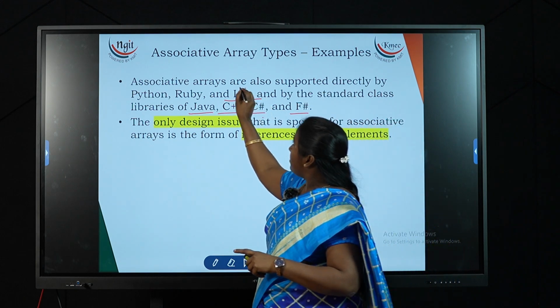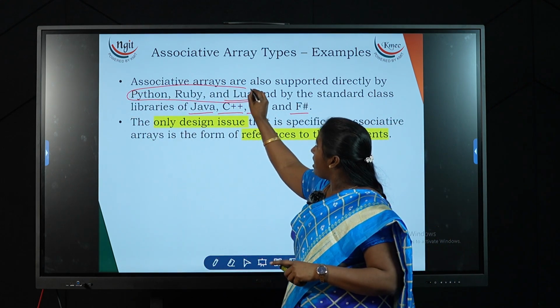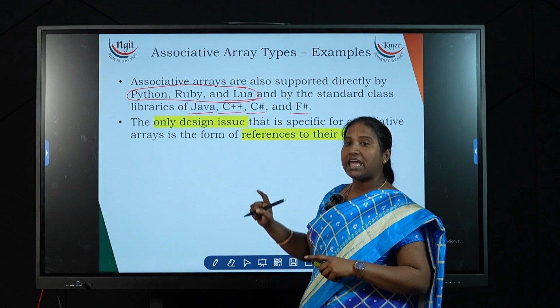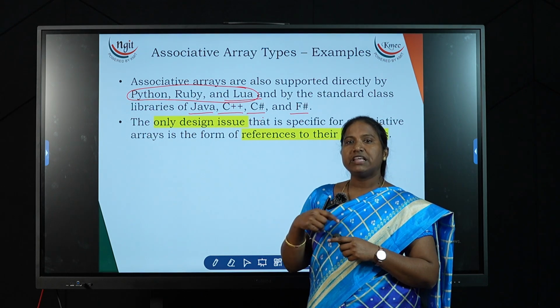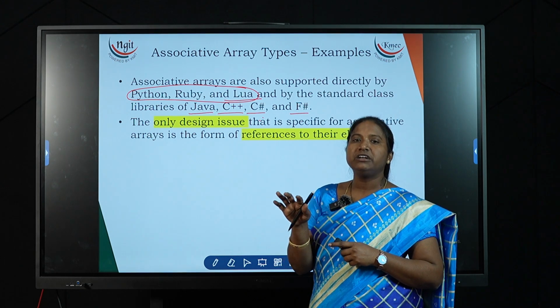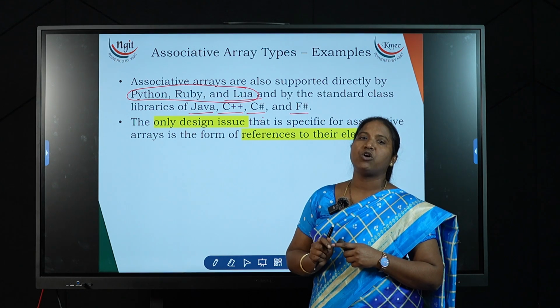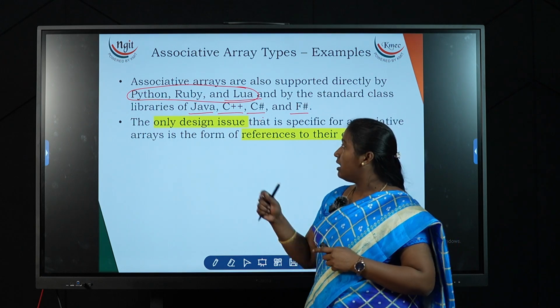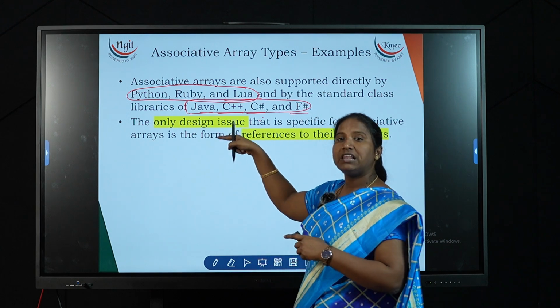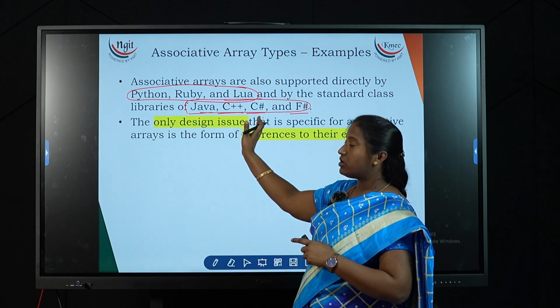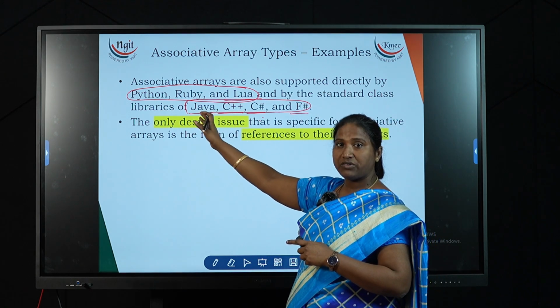The languages I am marking here, these 3 languages, directly support associative arrays. When I say directly supports, it doesn't need any library functions to perform the operations on these data types. The others are the languages which take library support. That's the difference between that set of languages and this set.